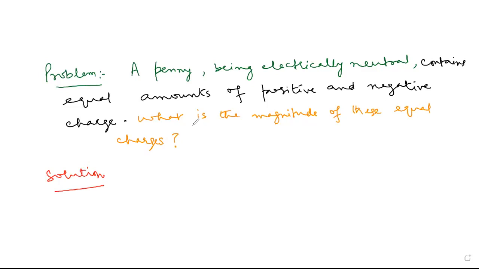It is electrically neutral, so it must contain equal amounts of positive and negative charge. What we are asked to find is the magnitude of these equal charges, meaning amounts of positive and negative charge contained in the penny. We have to estimate that. So let us move to the solution.